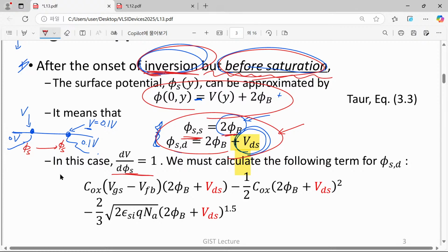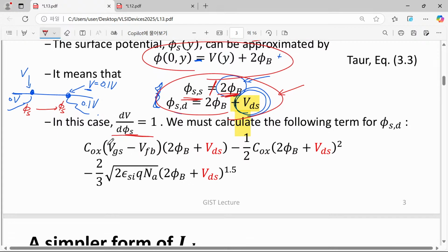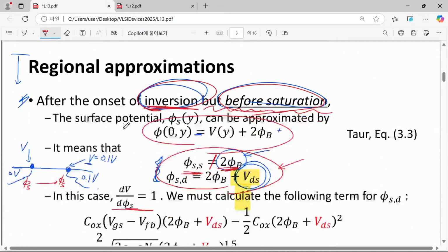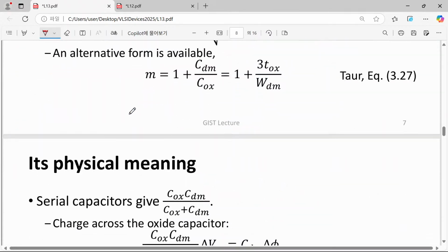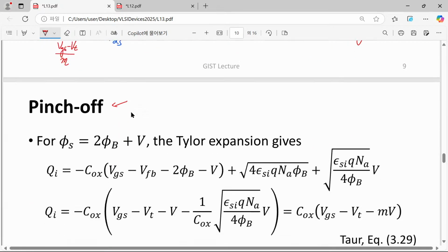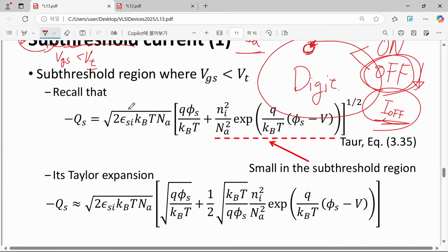Our source-side surface potential cannot meet this condition, so we cannot use the equations below this part. Then we have to come back to this part. So I will just go to this substrate current part.